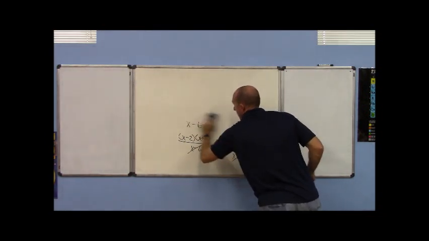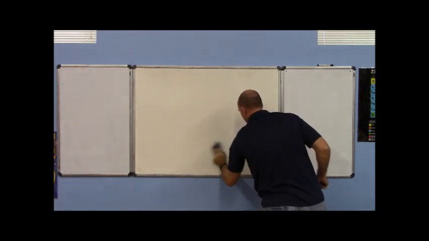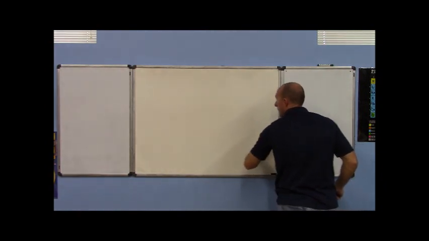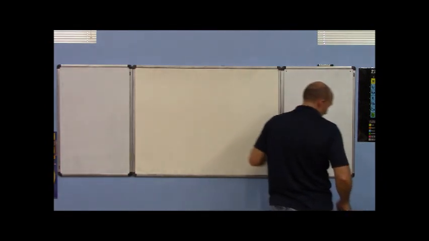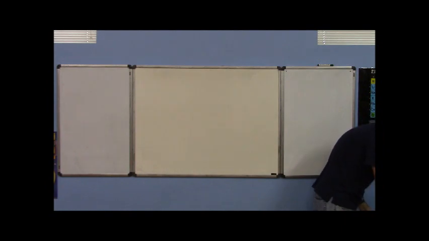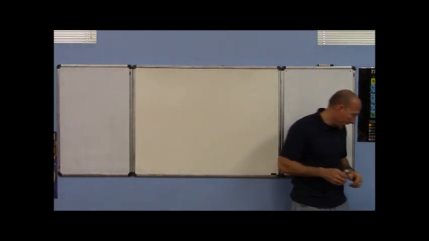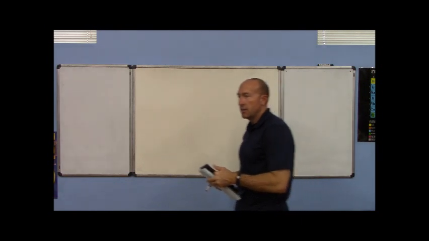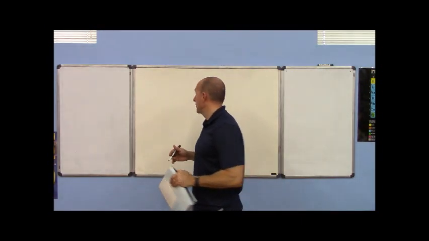Alrighty. So we've talked about simplifying, we've talked about multiplying, we've talked about dividing. So look at example number 3, because this can be confusing if you let it be confusing to you.